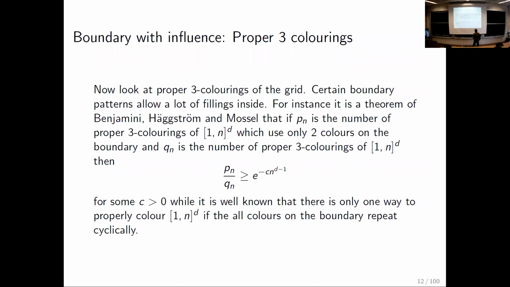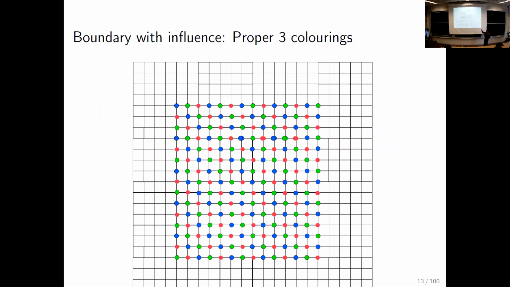But now, there are also boundary conditions which are very bad. So, for instance, let's look at this particular coloring. Our colors are blue, green, and red. And now, if I look at blue, green, and red over here, it forces this color to be blue.